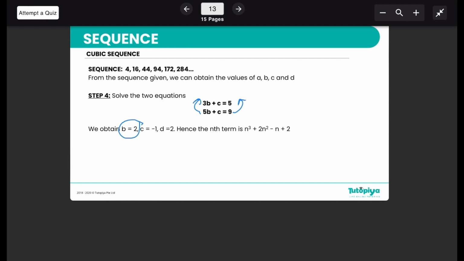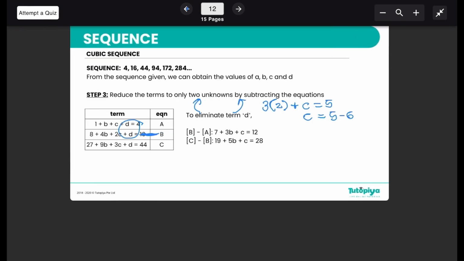Substituting the b value into this equation gives me 3 times 2 plus c is equal to 5. So c is equal to 5 take away 6, which is negative 1, and that gives the value for c. And of course the d value can be found also. For that you have to go back and take any one of the 3 expressions here.